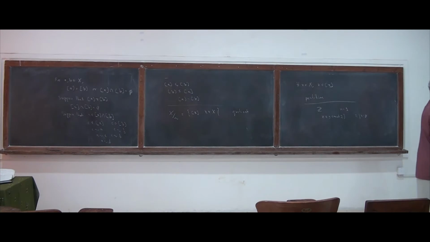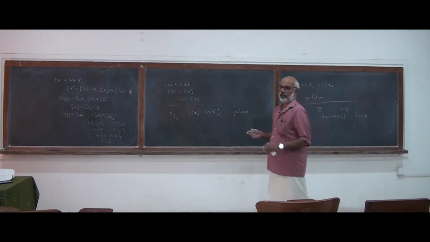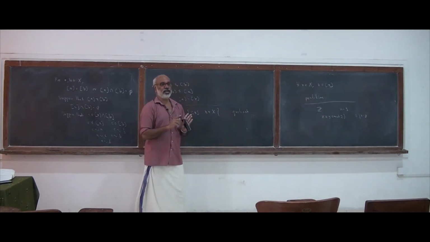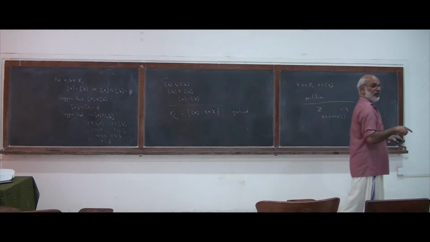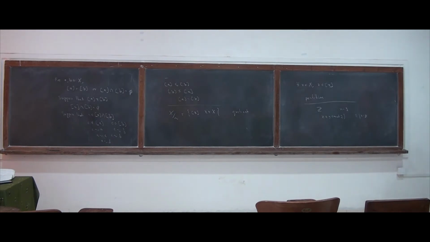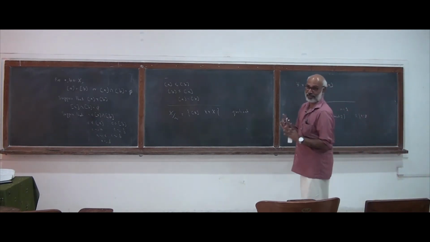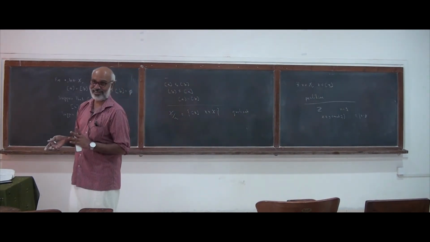For two integers, when is the difference an even number? You take two even numbers, their difference is an even number. If you take two odd numbers, their difference is also an even number. And if you take an odd number and an even number, the difference is not even, it is odd.